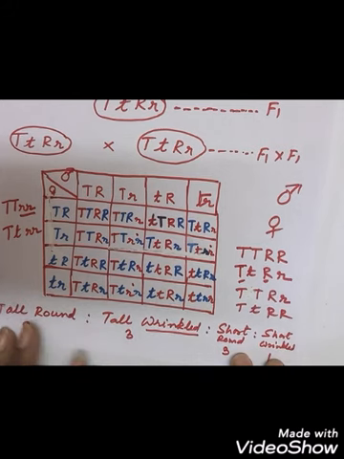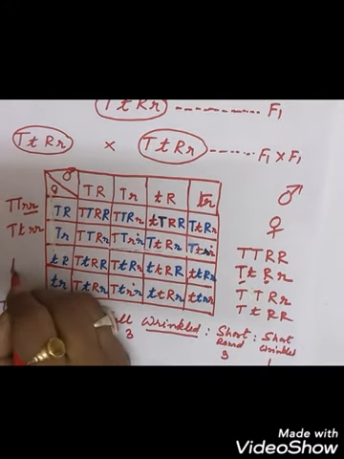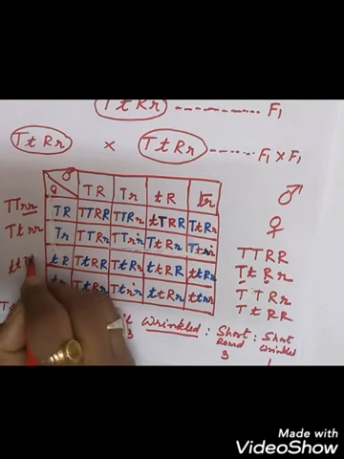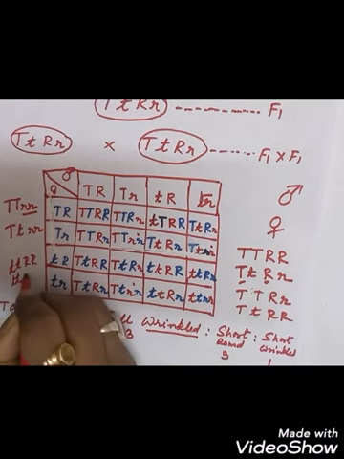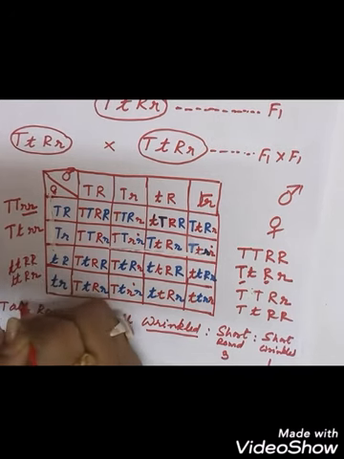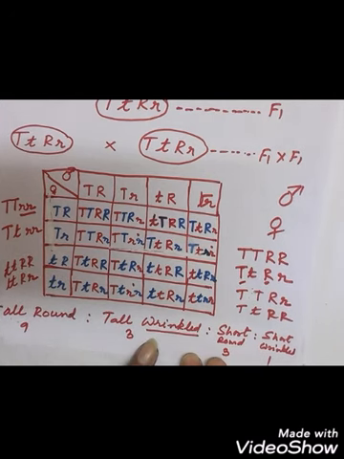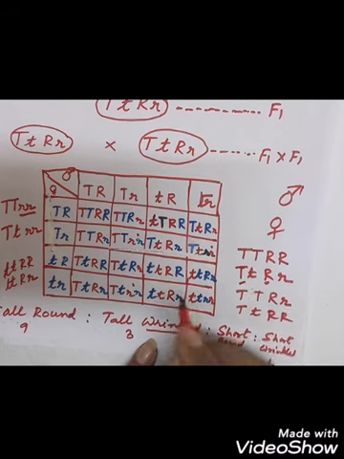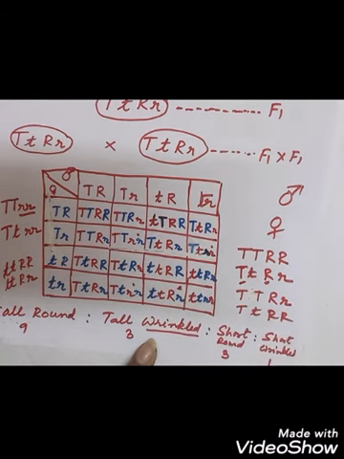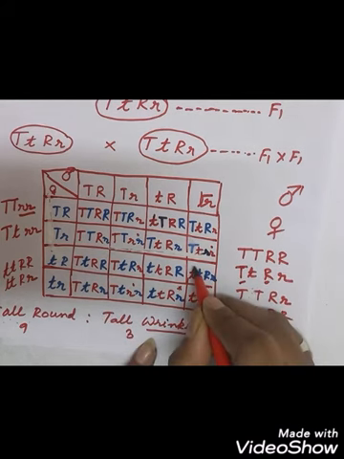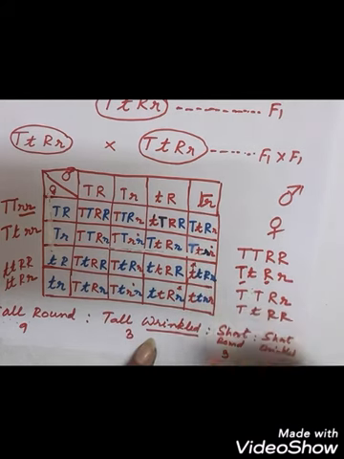For short round the features will be small t, capital R, small t, capital R, small r. For short round, let us find out. Small t, capital R, small r, right? Let us find out again. Small t, capital R, small r, 2.